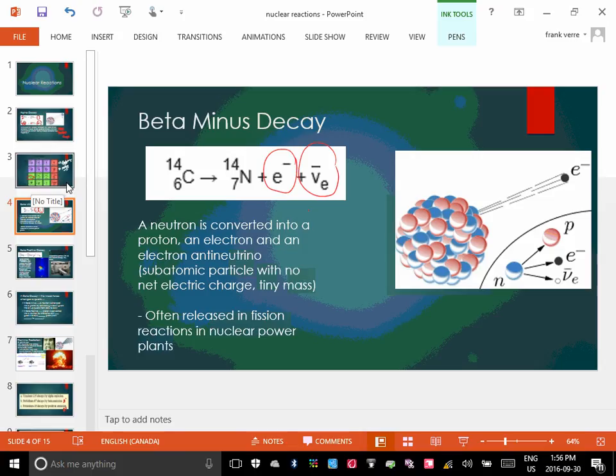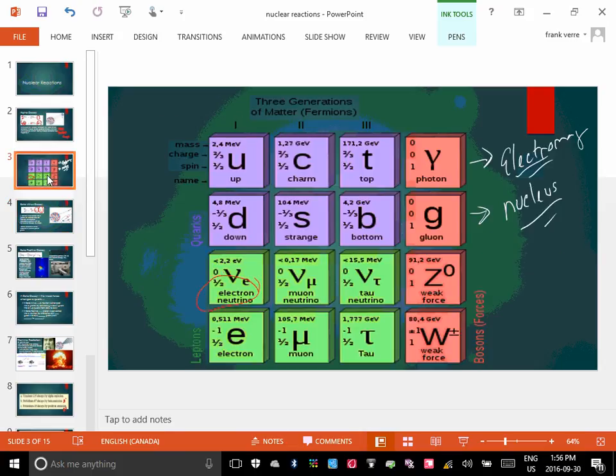Now, this symbol, V with a little e, you can see it's right here. It's circled, the electron neutrino. You can see it right here. These 2 particles, the electron and the electron antineutrino, are not massless, but they're so light that we can consider them massless.